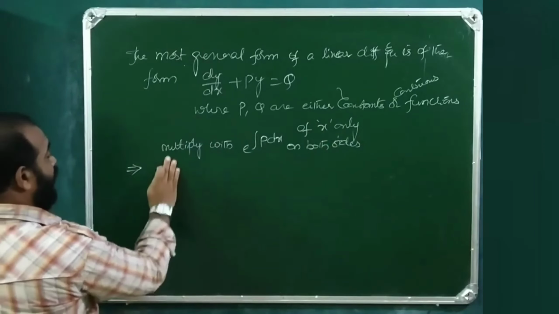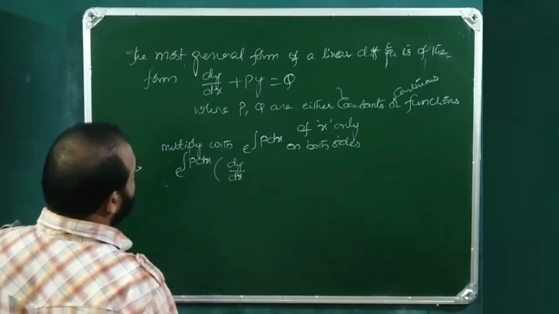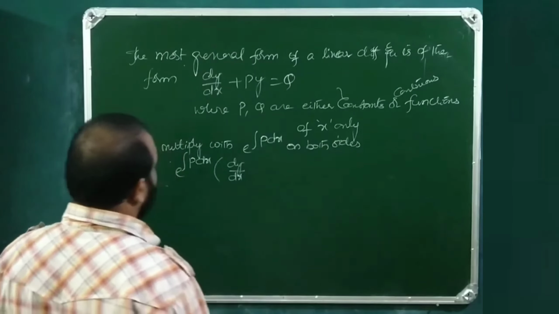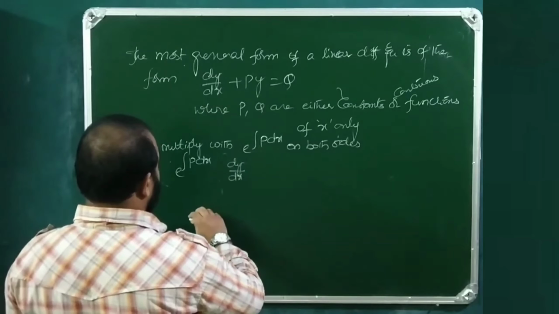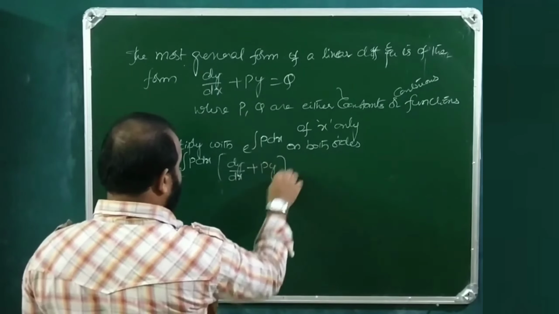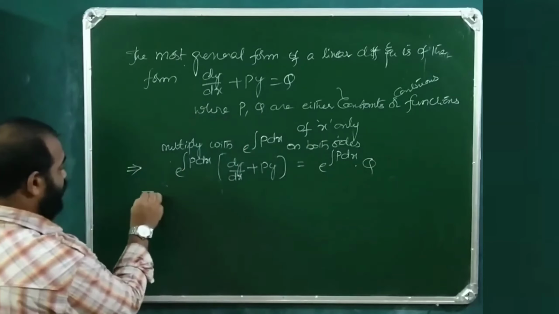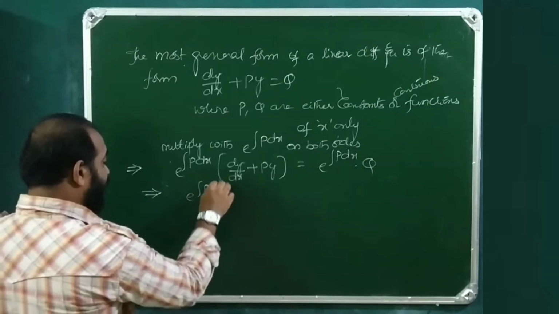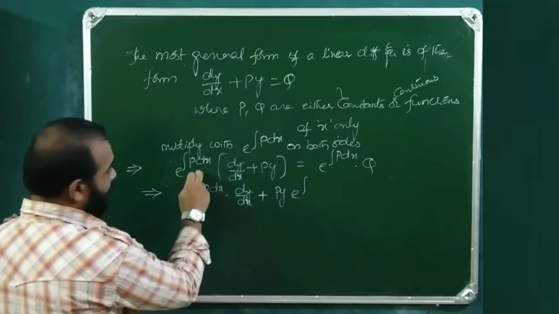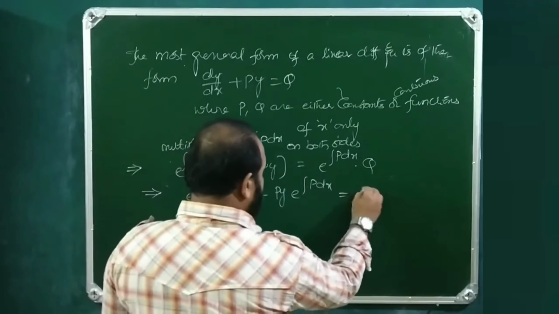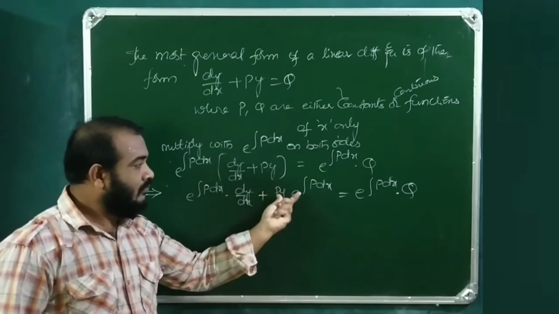Then e^(∫P dx) (dy/dx + Py) = e^(∫P dx) Q. This is equal to e^(∫P dx) dy/dx + Py e^(∫P dx) = e^(∫P dx) Q. I just multiplied this with each term throughout the equation.